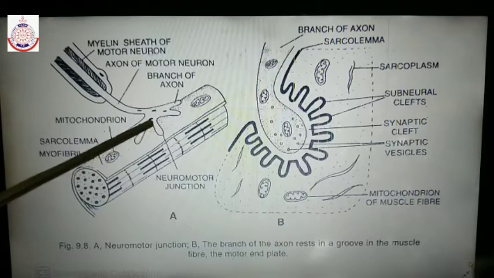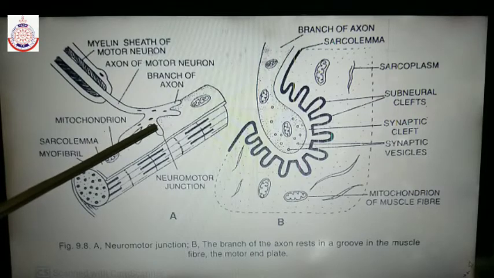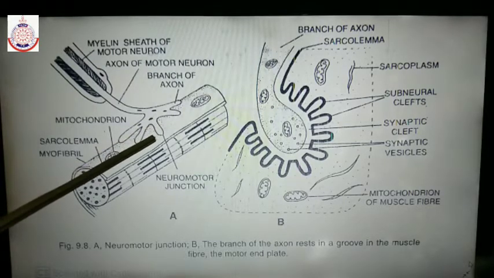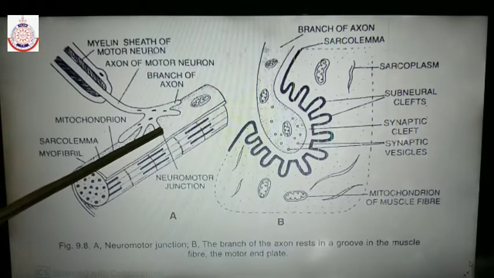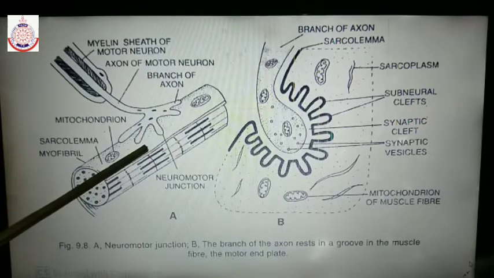Here this is the junction, these are the vesicles. At the neuromuscular junction, the motor neuron's end plate releases a neurotransmitter known as acetylcholine, which generates an action potential in the sarcolemma.